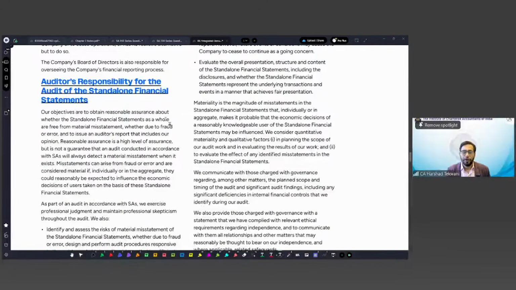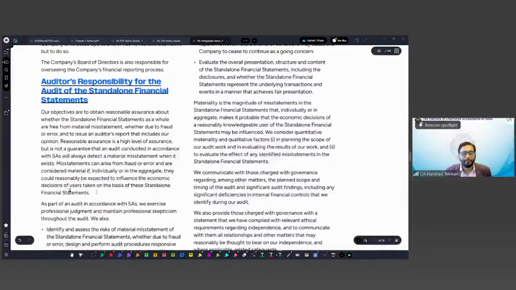Understand one thing: whatever we have discussed in the planning, it is also your responsibility to do that. Whatever planning steps we have discussed is the normal way to do a planning of a particular audit. When I say a normal way of planning the audit, that means it is your responsibility to follow that way. And if it is your responsibility, it will come everywhere wherever your responsibility is there.